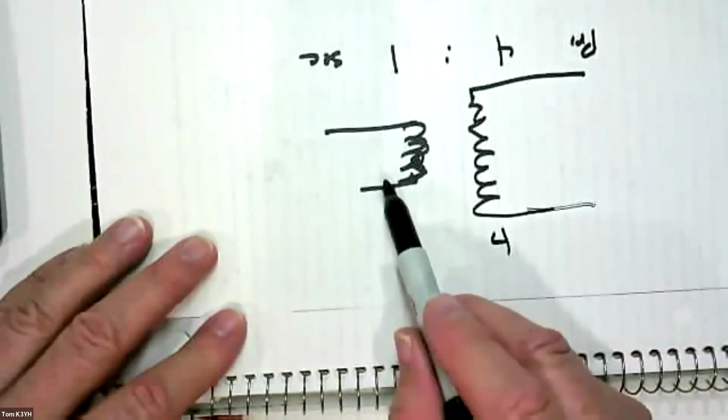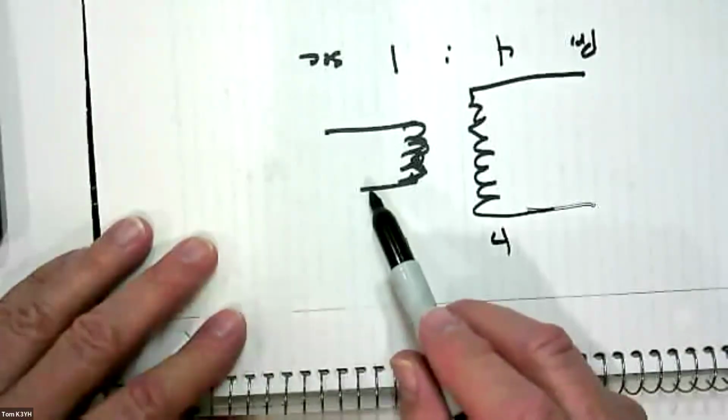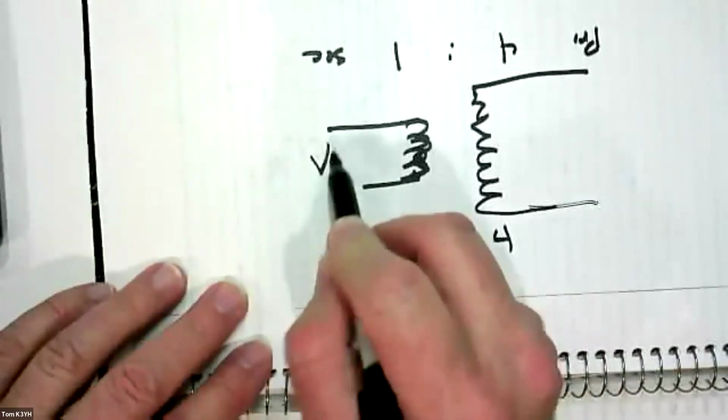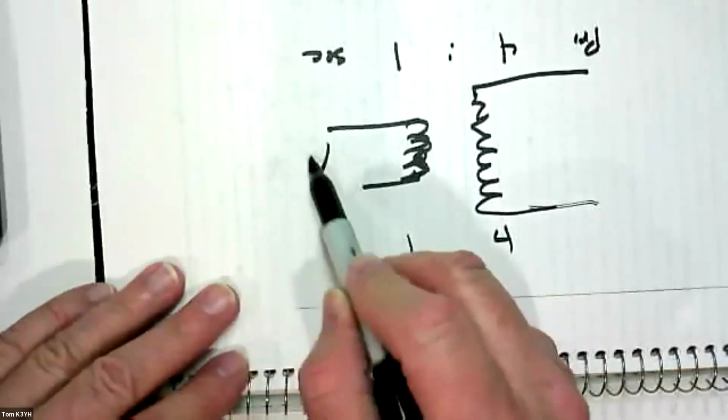So now the question says, well, what if I did this? And now my ratio is 1 to 4, just like it was when it was right side up. And I'm going to use the secondary, and I'm going to put some voltage, V. They don't tell you how much it is. Okay.